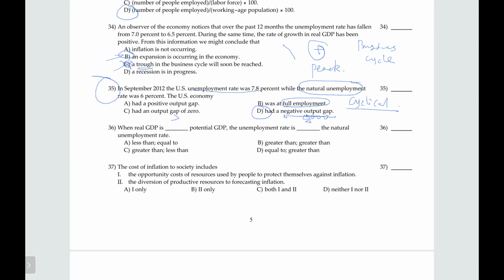If real GDP is less than potential GDP, then unemployment rate is greater than natural unemployment. So the answer is C. Here the potential GDP is what we produce when the unemployment rate is at the natural unemployment rate.